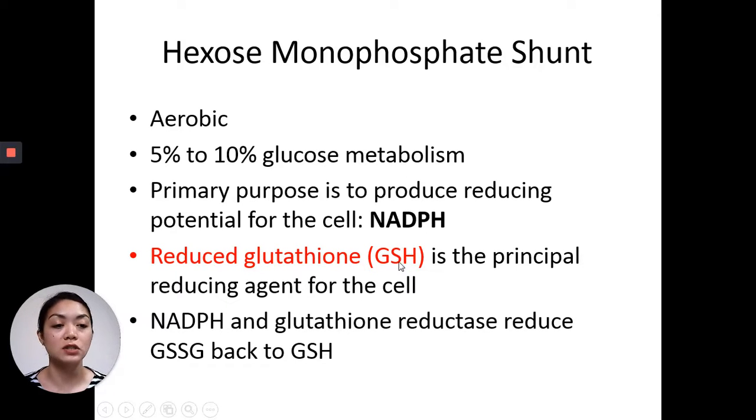So the symbol is GSH, glutathione hydrogen. Okay, so NADPH is actually the cofactor of an enzyme known as glutathione reductase. If NADH is the cofactor of methemoglobin reductase in the EMP pathway, NADPH naman niya is the cofactor of glutathione reductase in the HMS pathway. The purpose is to reduce the oxidized glutathione back to reduced glutathione.